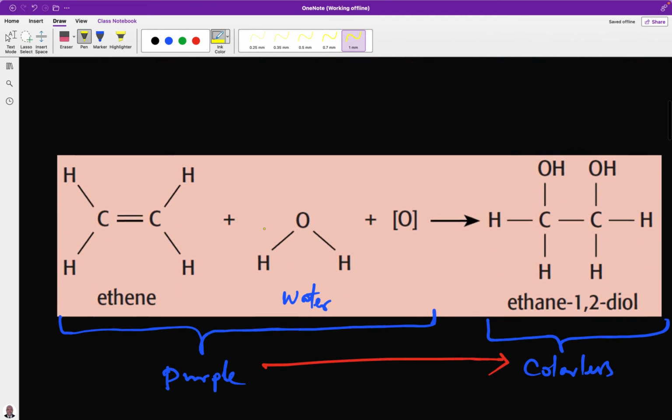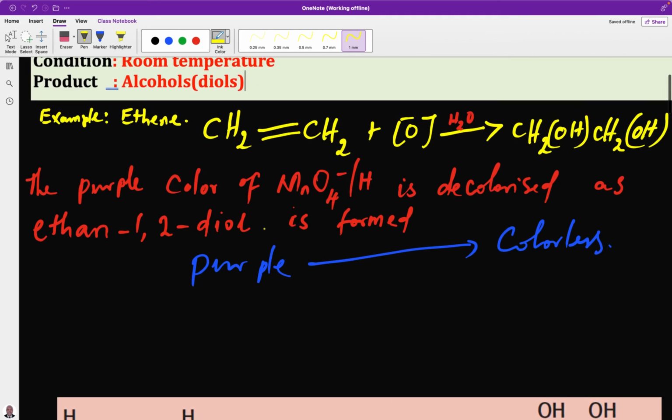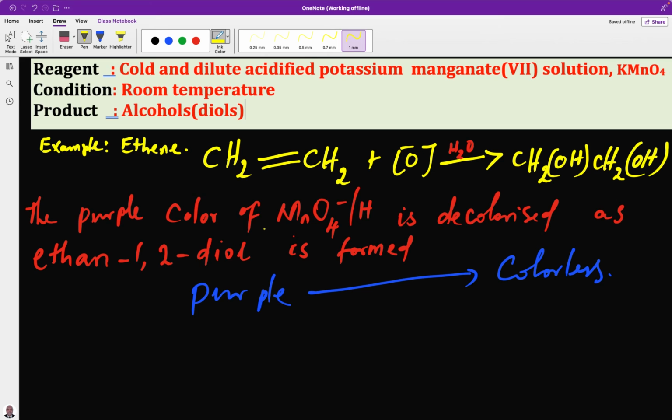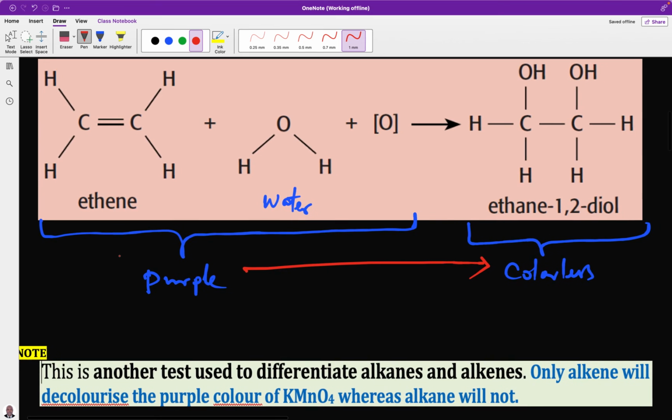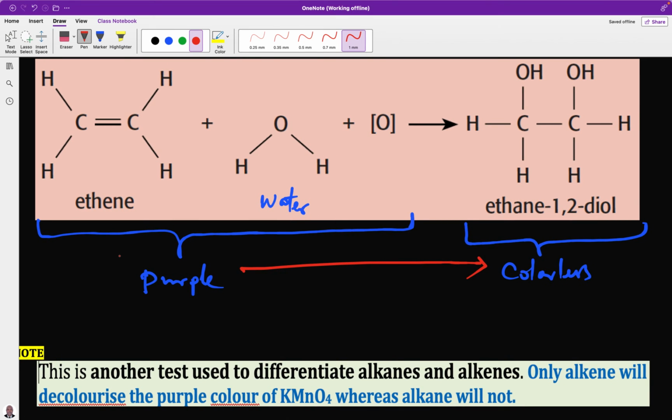I showed it there to you. Ethane. So that is it. That is the reaction there. And I said that it should be noted that this is another test you can use to differentiate between alkanes and alkenes.